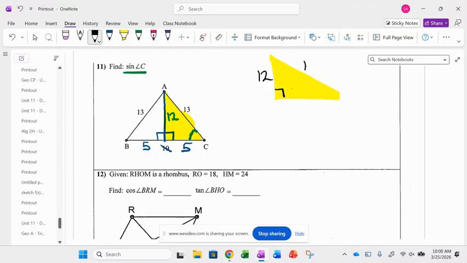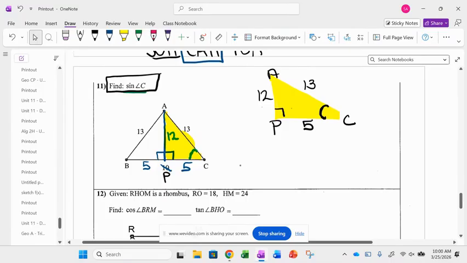So this is a 12, this is a 13, this is a 5, this is a C, this is an A. Let's call this point P down here, just to give it another letter. And now everything's in reference to angle C. So now it's saying find the sine of angle C. So what am I going to think of again? SOHCAHTOA.